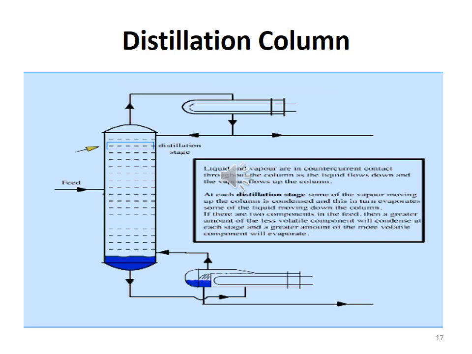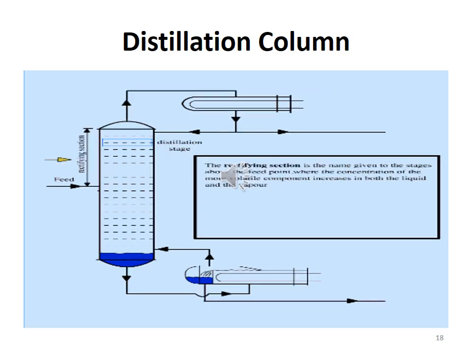However, the components which have high volatility will move into the upper section of the column. So in this distillation stage, components of different volatility have been separated by using this distillation column.